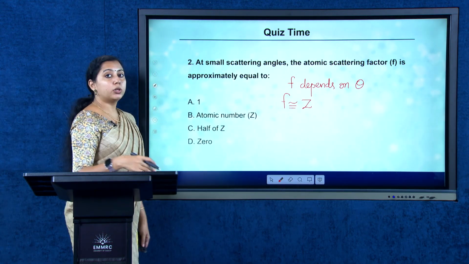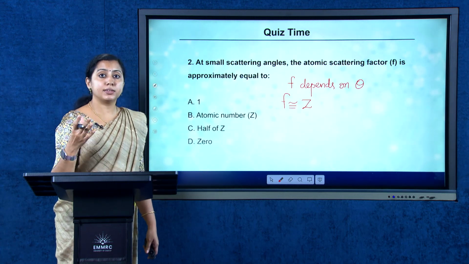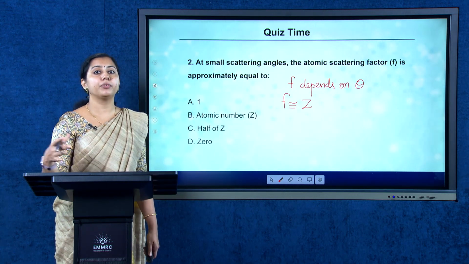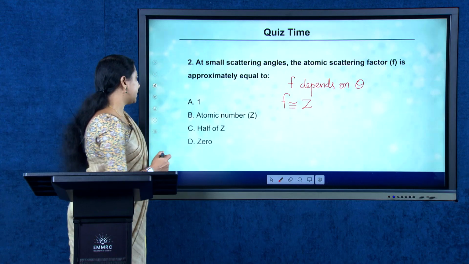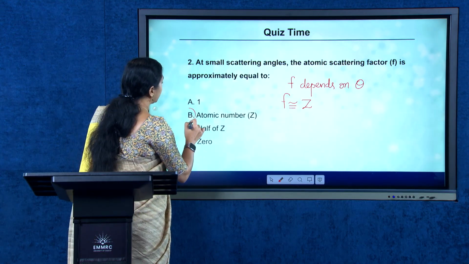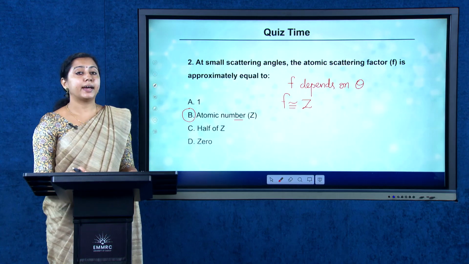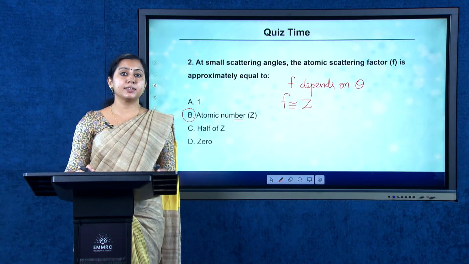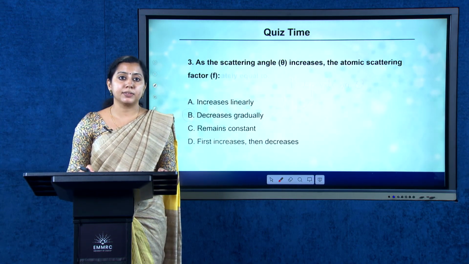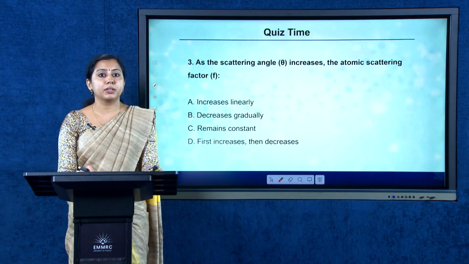When theta equals 0, F is equal to the number of electrons in the sample. So, the correct option is option B, atomic number. And as theta increases, what happens? Let us find out. So, that is question number 3.